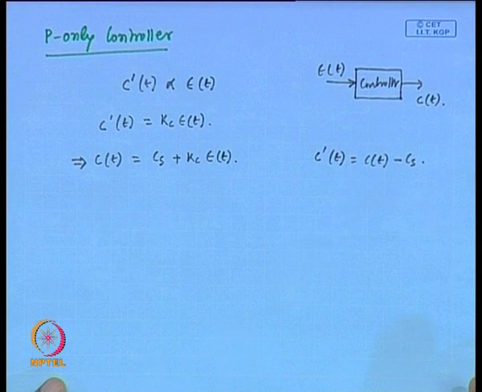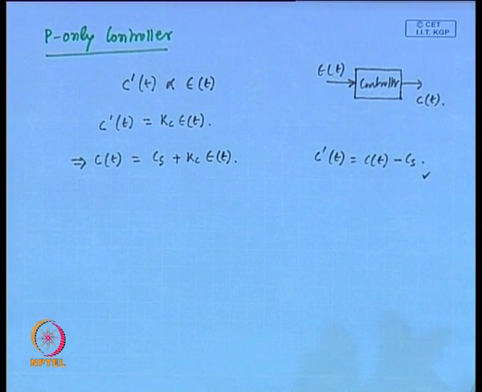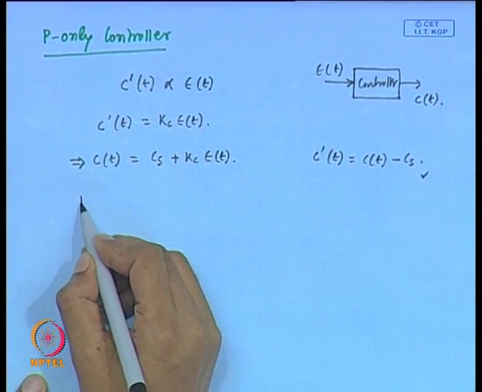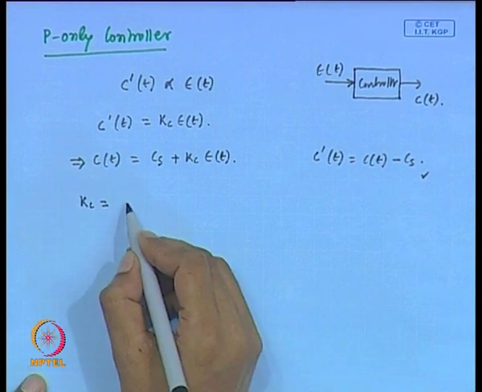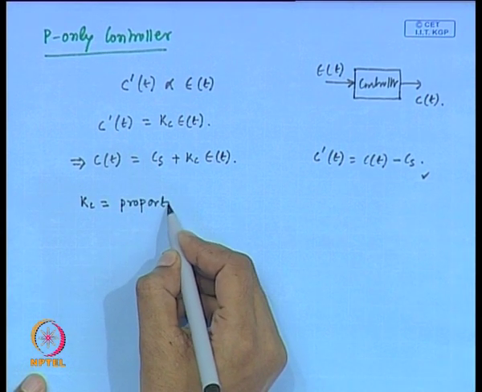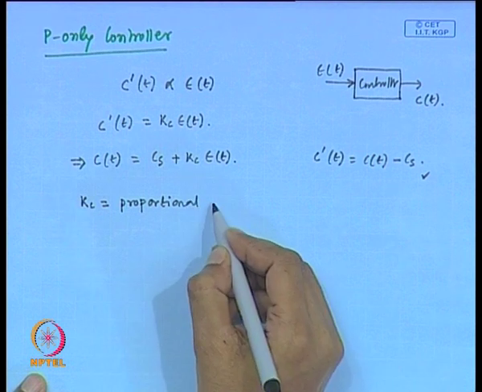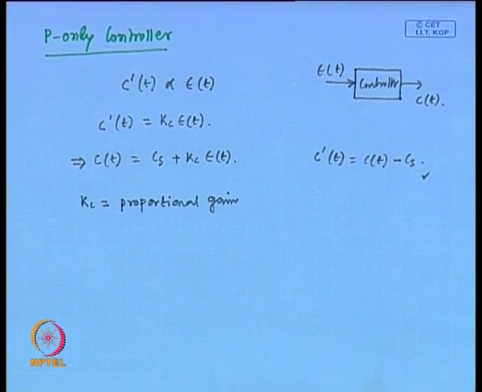So, C prime t we can write as C t minus C s. Now, K C is the proportional gain of the controller.